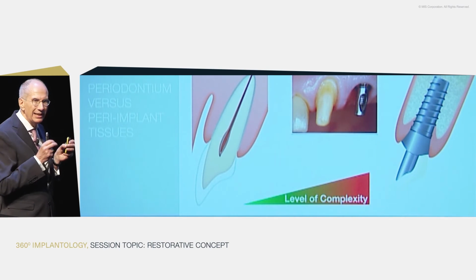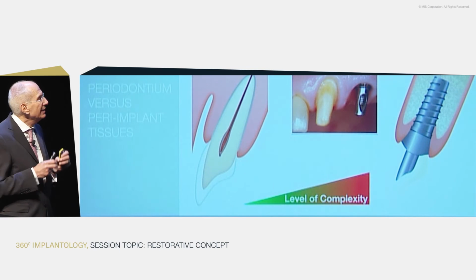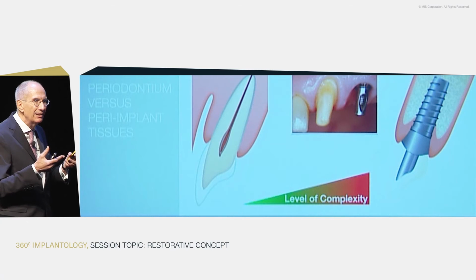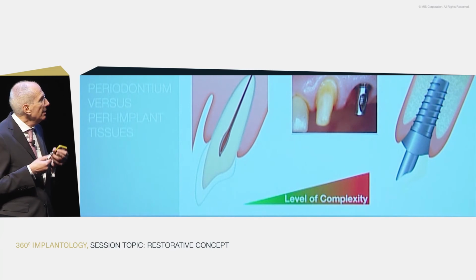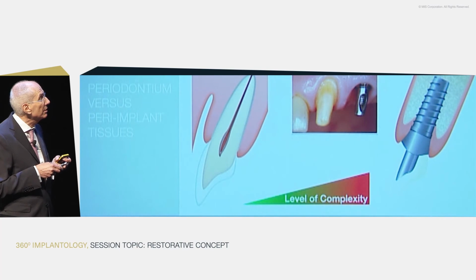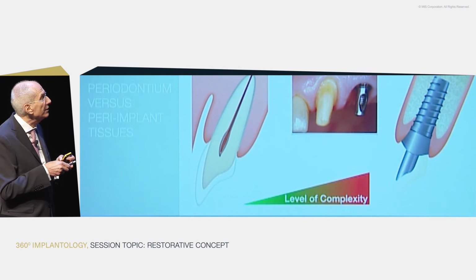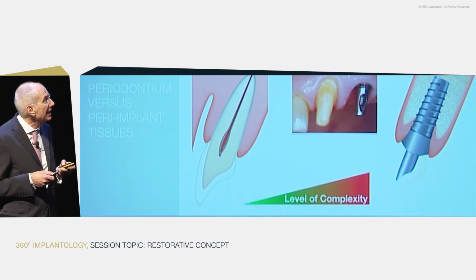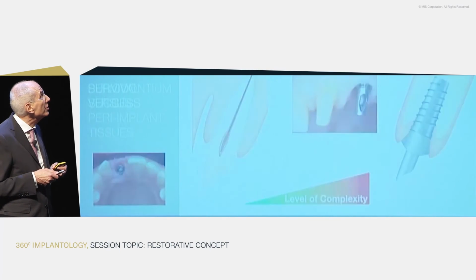We are dealing with scar tissue that has to be modeled and modified, taking time, surgical intervention, and so on, to get to a similar result as with a natural tooth. And this picture very nicely shows the difference between the periodontium and the implant situation.